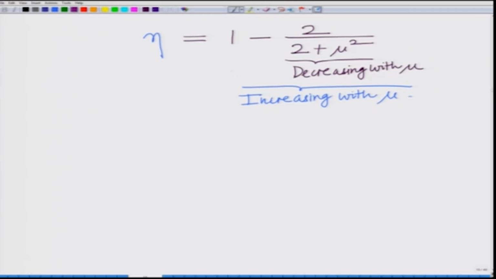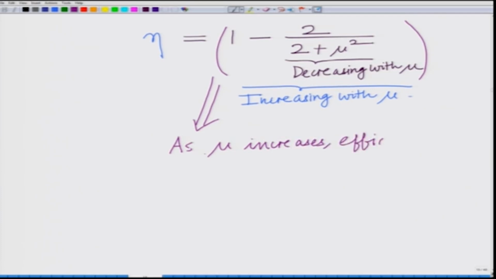So now you observe this implies as mu increases, the efficiency eta of the AM signal increases.